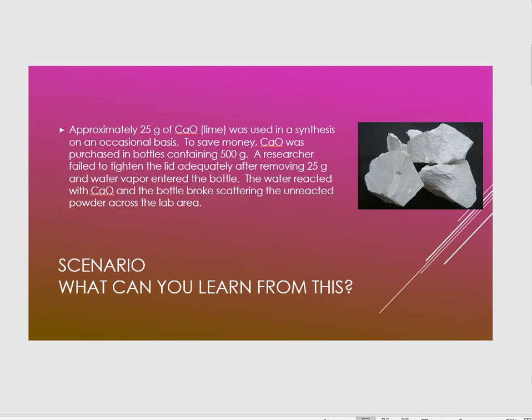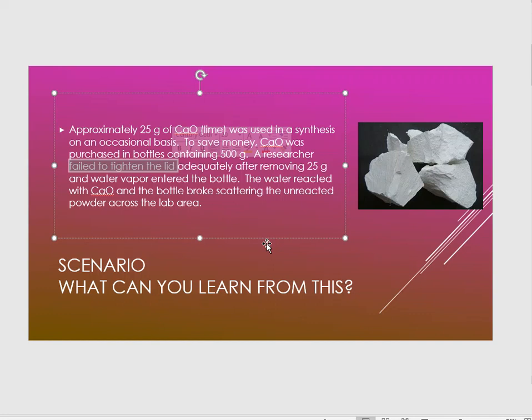Well, first off, the key phrase here is a researcher failed to tighten the lid. There are plenty of things that we can use in a laboratory that react with water. And water not only comes from the faucet, but also from the atmosphere that we're in. The air that we breathe has water.